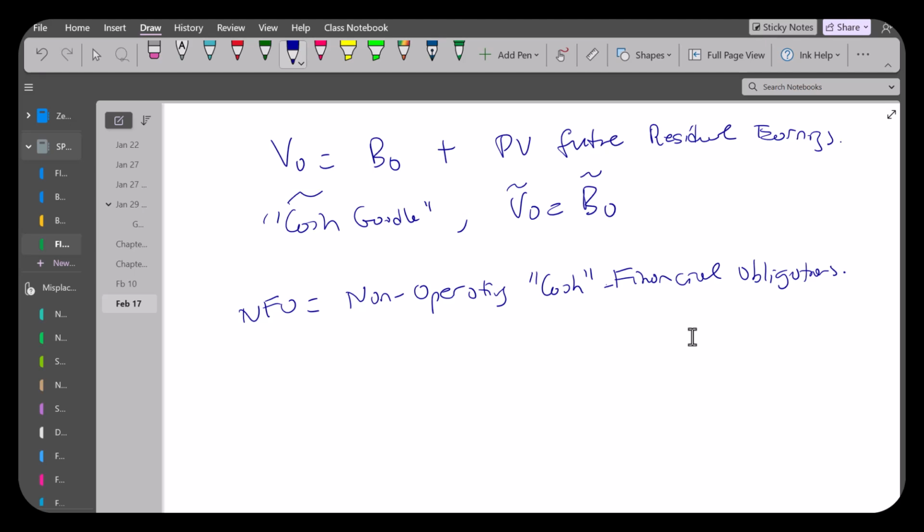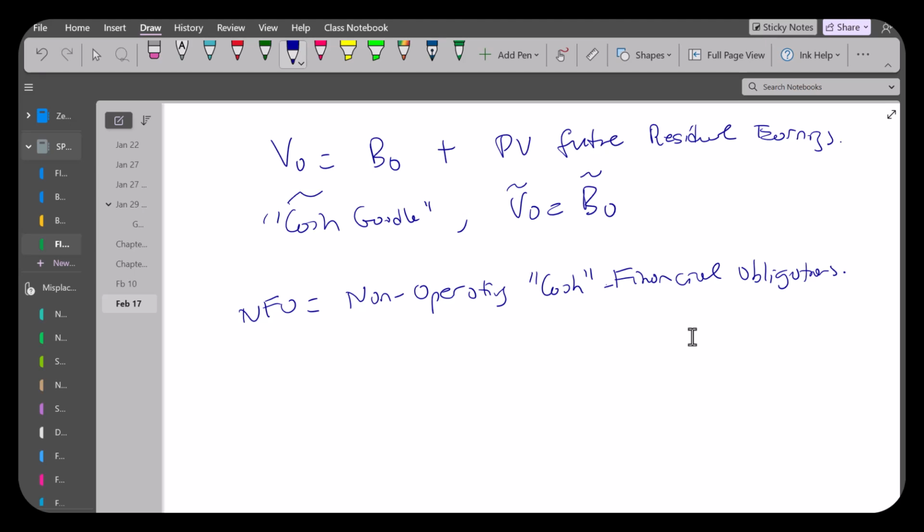And the other firm has no debt whatsoever, but all the non-operating assets of Google. So if I can value both firms, then all I have to do is add them up, right? But for this non-operating Google, there is no reason why it should have any non-zero residual earnings.